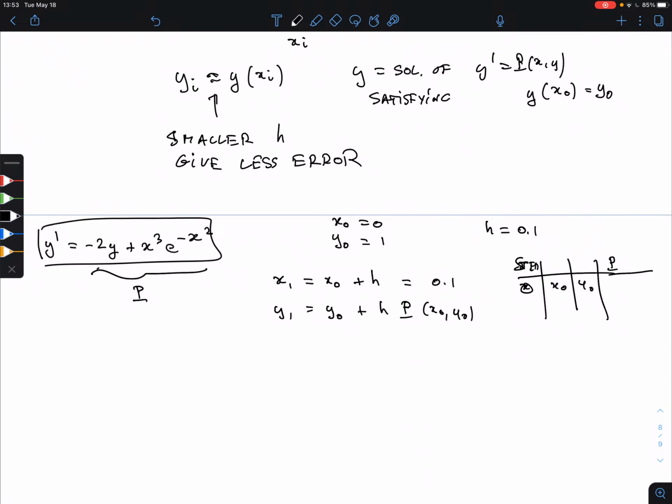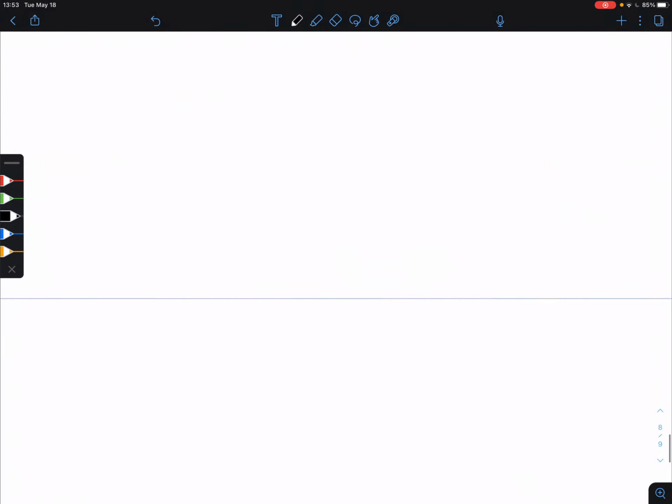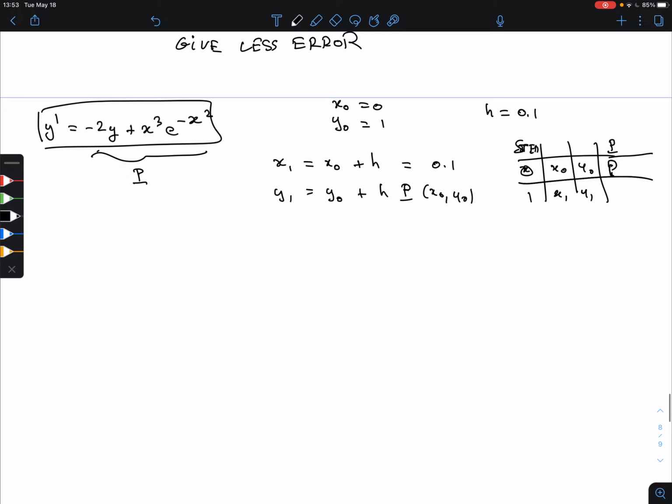So p of x0, y0 is, in this case, I'm setting up my table here, and then the next one is x1 and y1, and then here will be p(x0, y0), and here will be p(x1, y1), etc. Okay, so what is this now? I'm making the table again, but now with the actual values. So here, steps, 0, and this is 1.